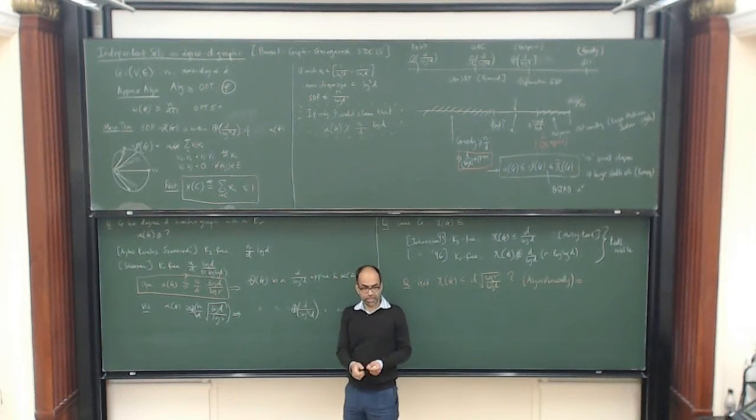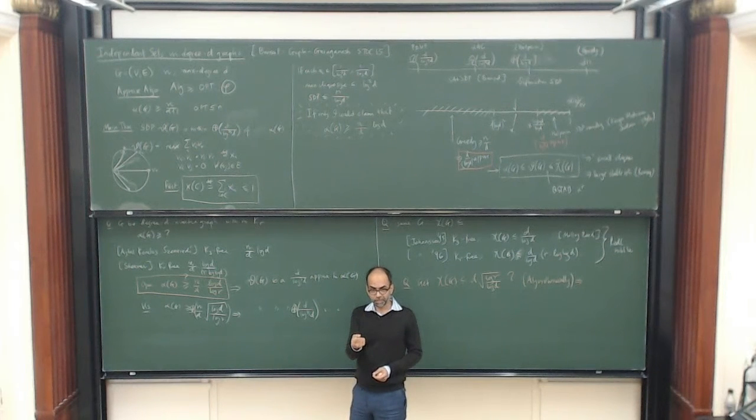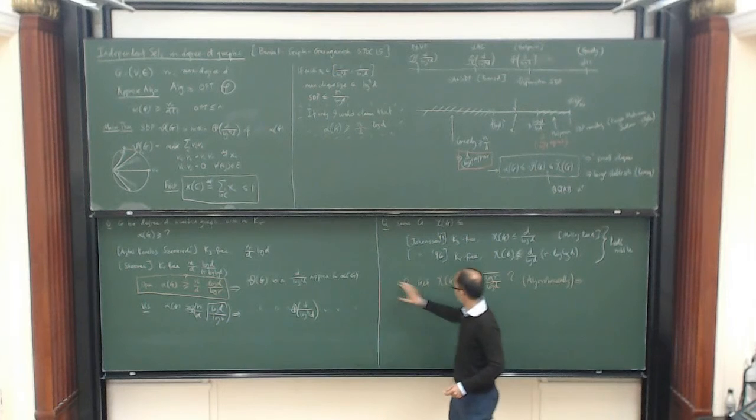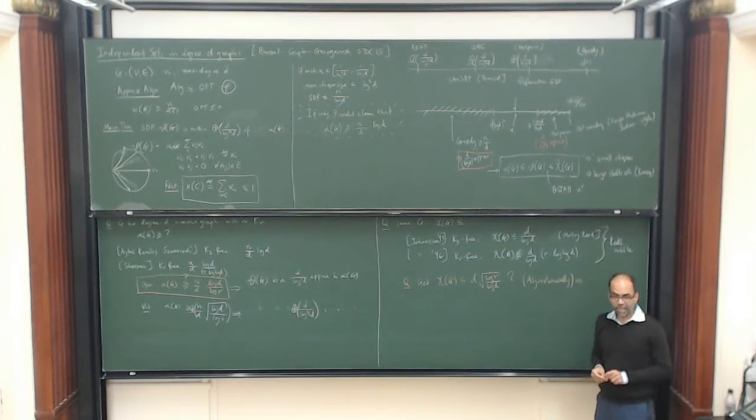All our result says is the value of the theta function is good. It doesn't say how to find an independent set. If you can do this algorithmically, you'll get an algorithm to find such an independent set. Open question. Okay? Good. So this was the Ramsey theory board.